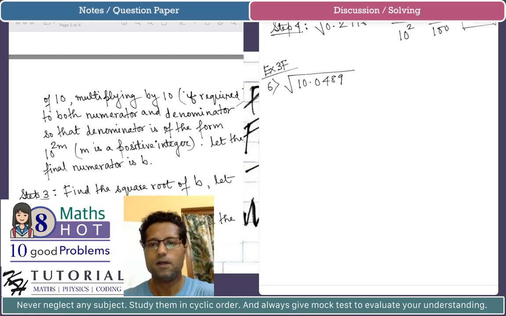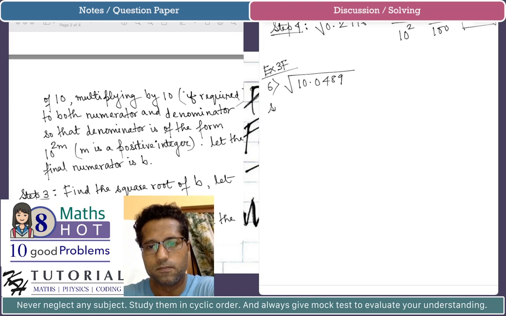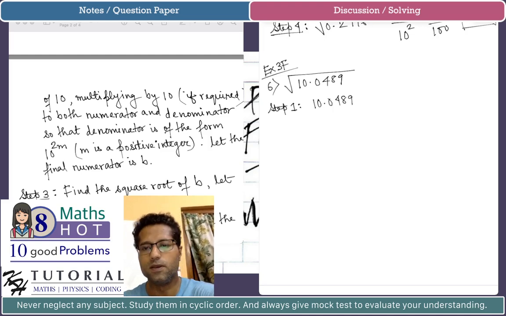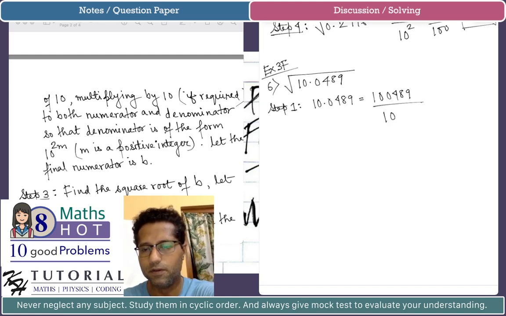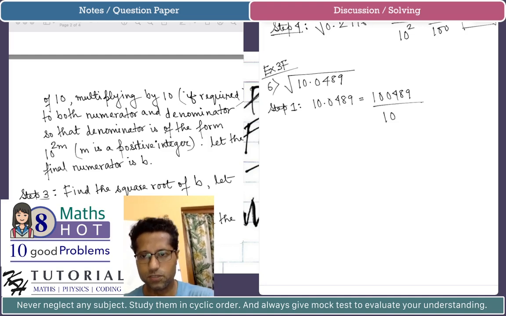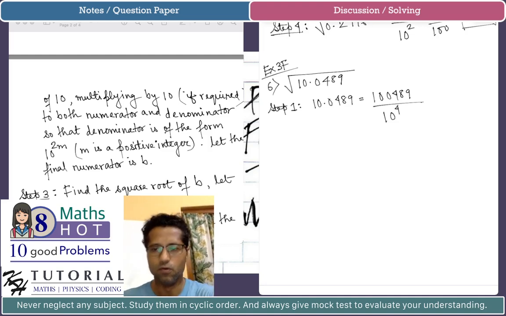10.0489. Step 1 is that I will convert the given number into fraction form. So 10.0489 in fraction form will be 100,489 divided by 10 to the power 4, since the power is the number of decimal places of the given number, which is 4.